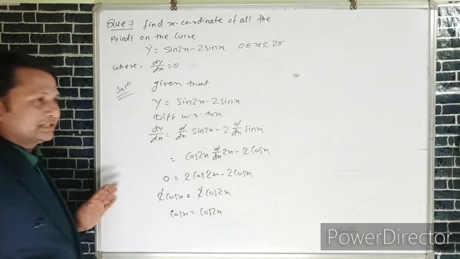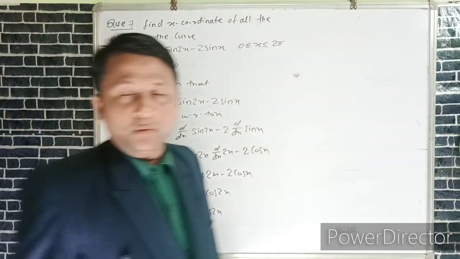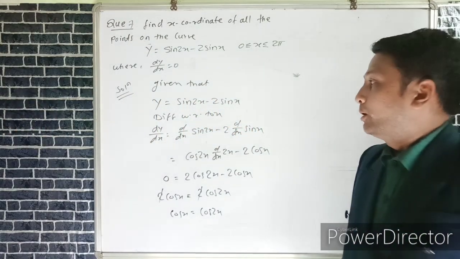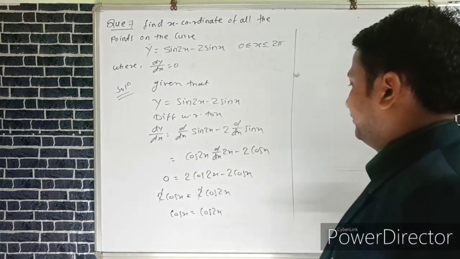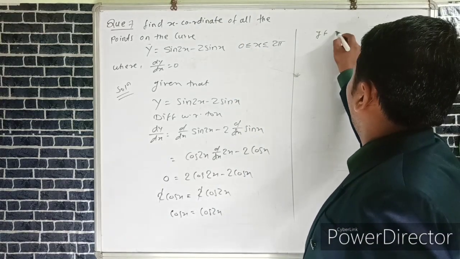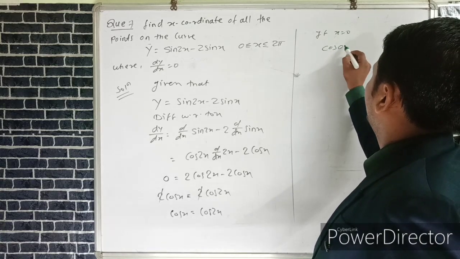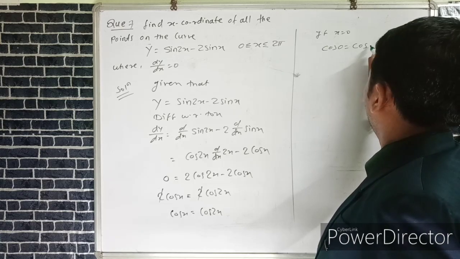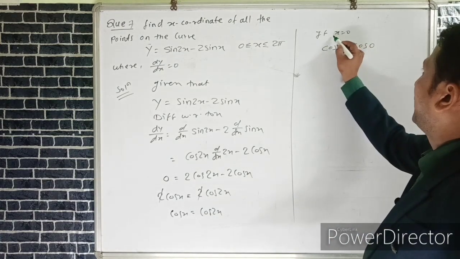By using this condition cos x equal to cos 2x, we can find the values of the x coordinate. If the value of x is 0, then cos 0 is equal to cos of 2 into 0, also 0. Hence the first value of x is 0.